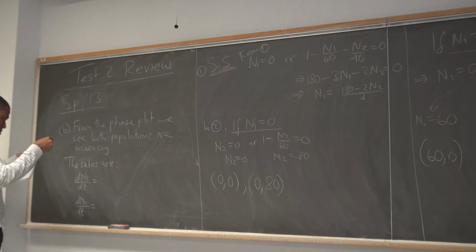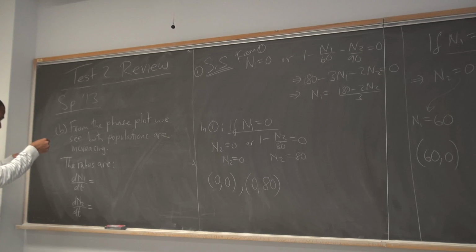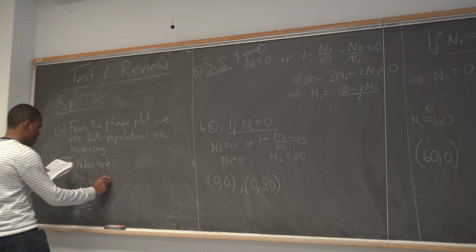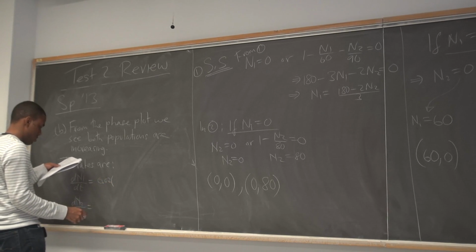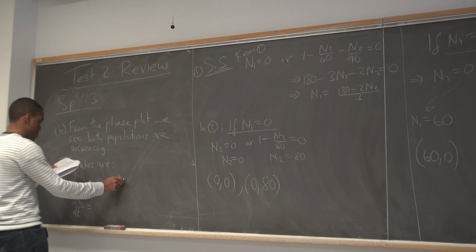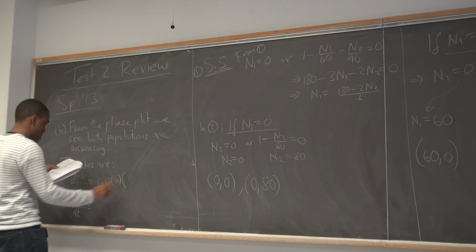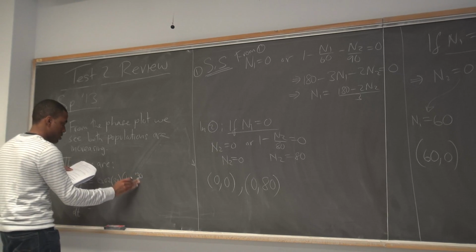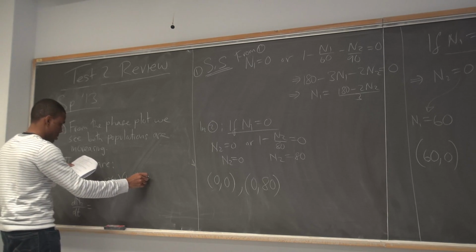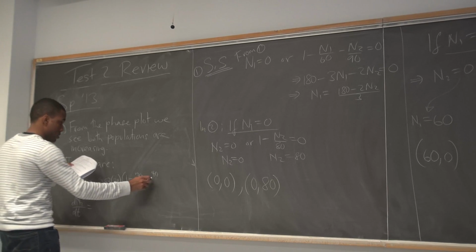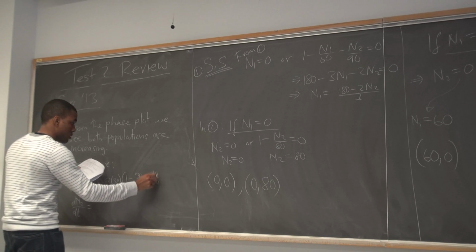Let's see here. 6.02 times N1, we have 30, times 30 over 60 minus 40 over 90.